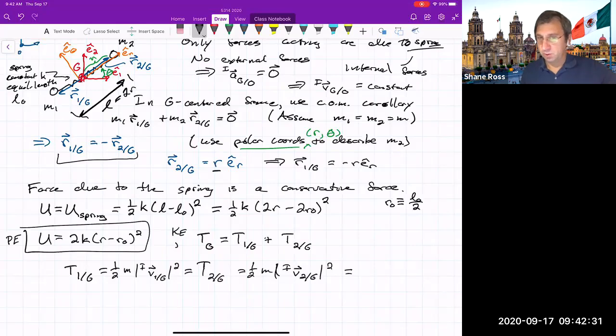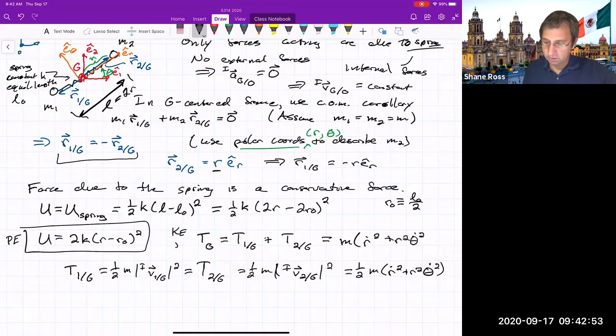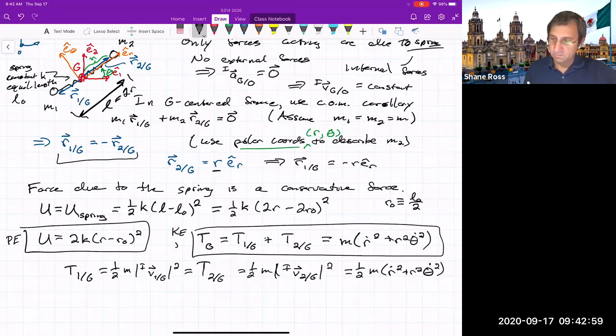We've done polar coordinates enough that hopefully you know what this is going to be. This is going to be r dot squared plus r squared theta dot squared. So the total kinetic energy is twice that. So twice 1/2 means we're just left with m times (r dot squared plus r squared theta dot squared). So there's our kinetic energy.